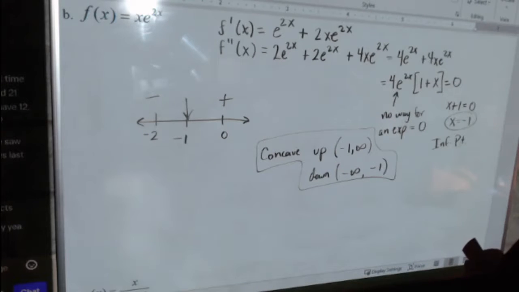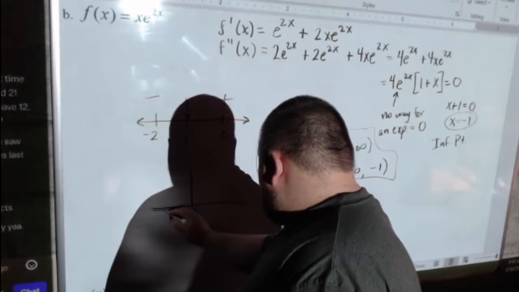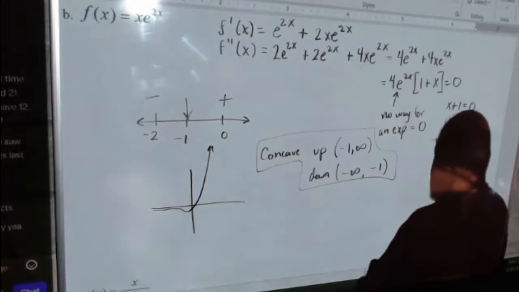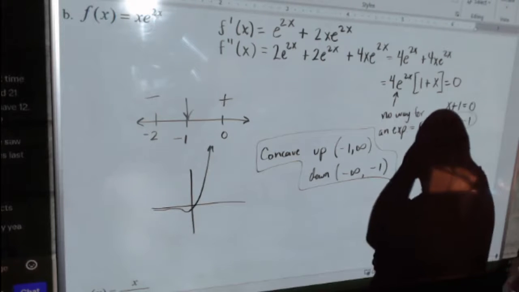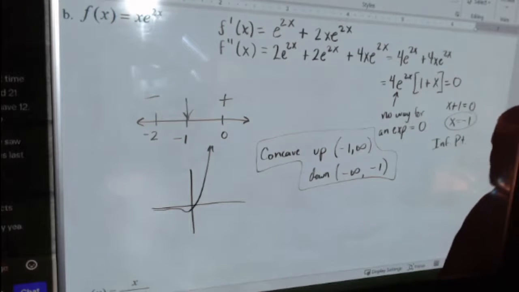And if we zoom in, we get something that looks like this, roughly. All right, so I don't see any questions. I'll go ahead and do the next one.